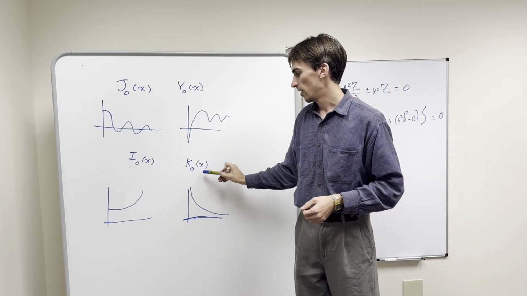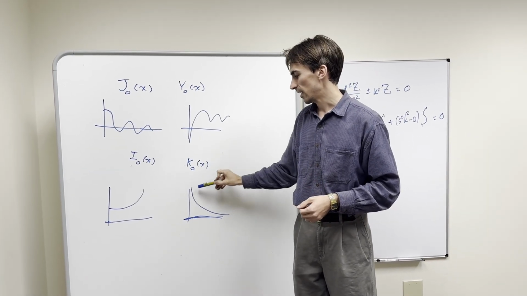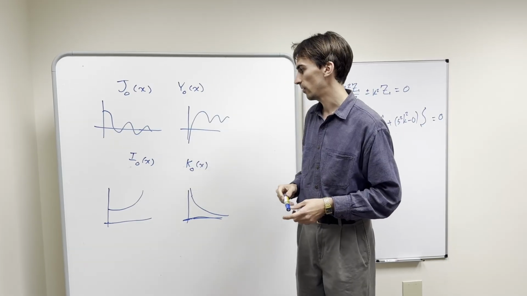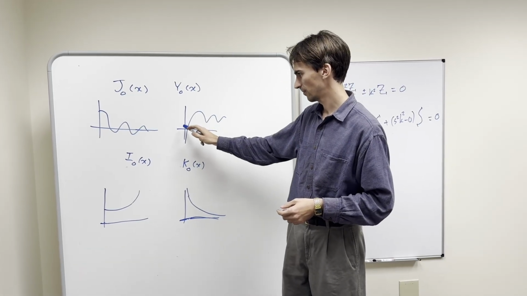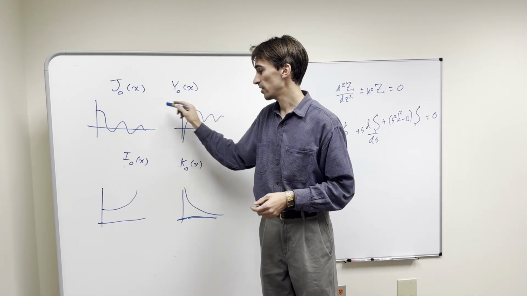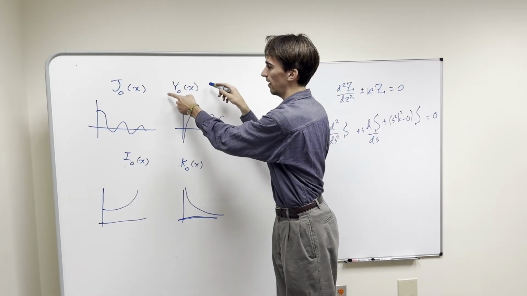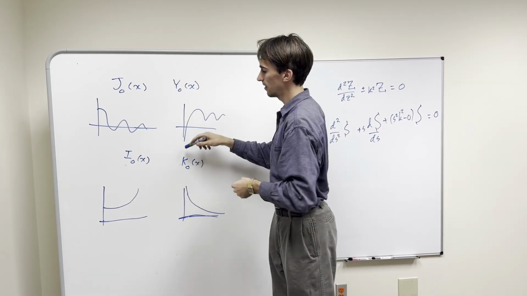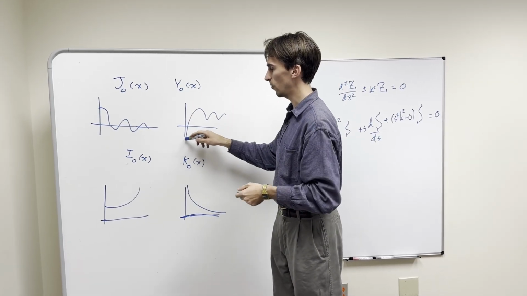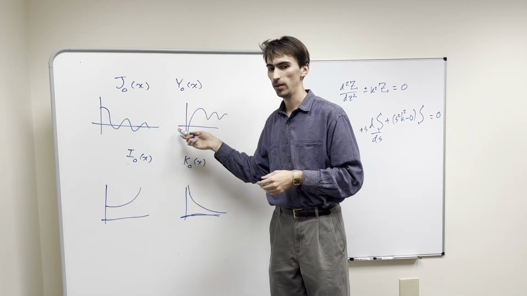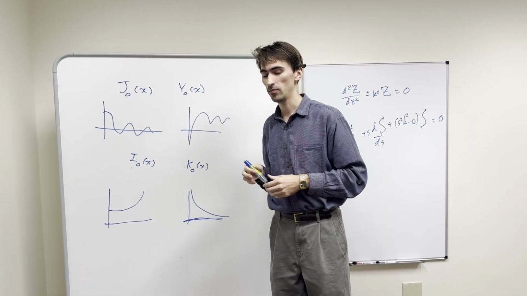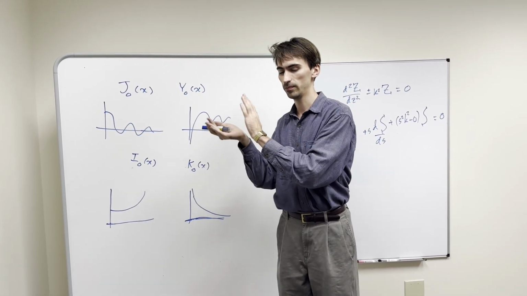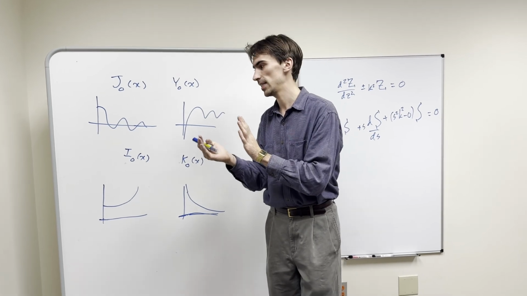And the modified Bessel function of the second kind diverges at the origin. The Bessel function of the second kind also has a singularity at the origin, and that is not physical because our potential should be finite inside this cylinder.